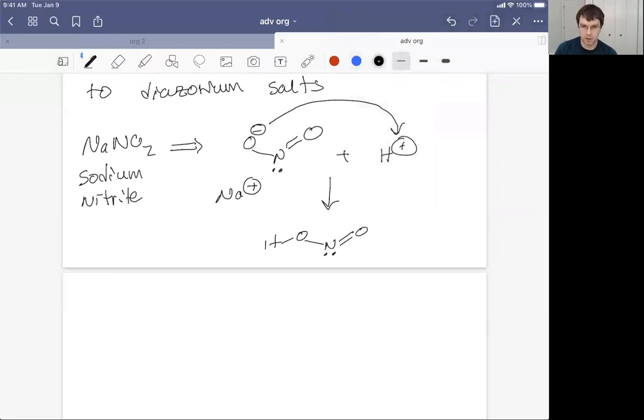This is an unstable acid called nitrous acid. So it's kind of hard to hold on to nitrous acid, and that's because it spontaneously ejects water when it gets protonated a second time. I'm going to let it get protonated a second time, actually. And it's going to be protonated at the OH to make water a good leaving group.